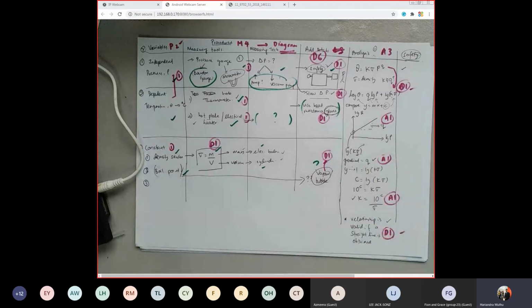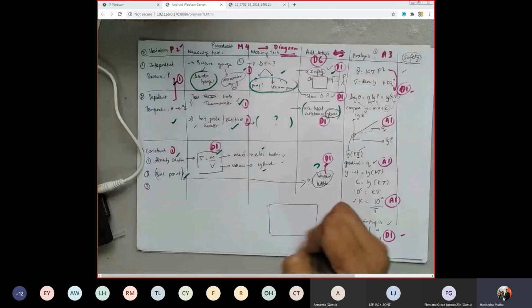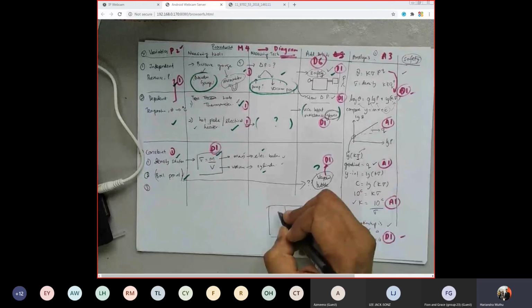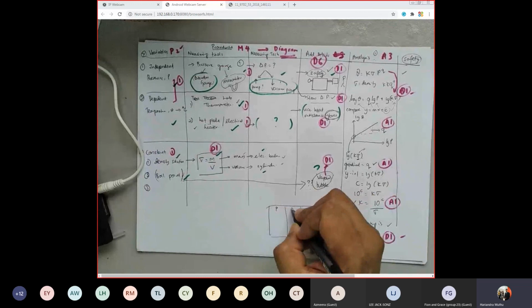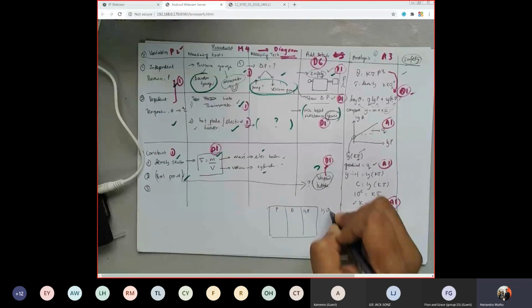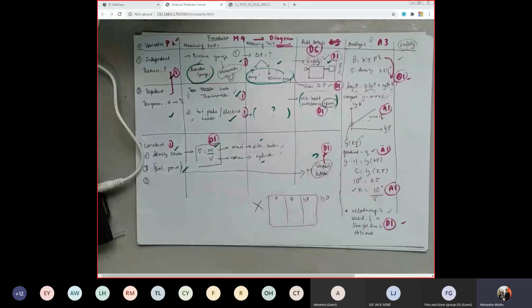There's no table, there's no need to draw a table in your explanation. Like what you did in paper 3, for example, pressure, temperature, and then log P, log Q. This one no need. There's no need for you to do that.